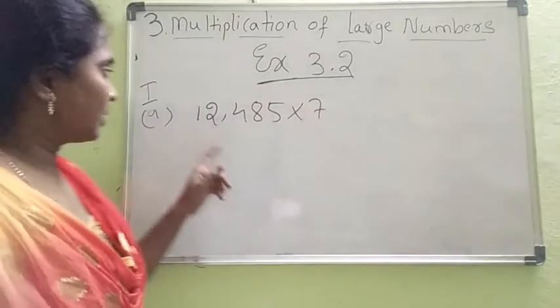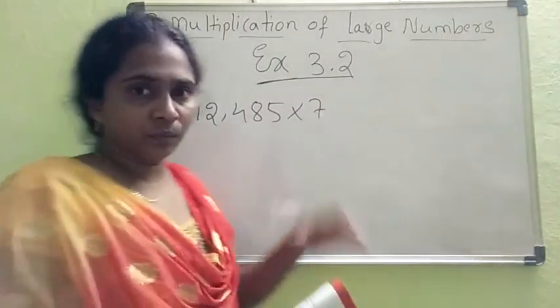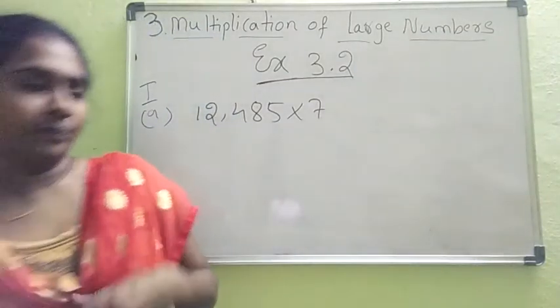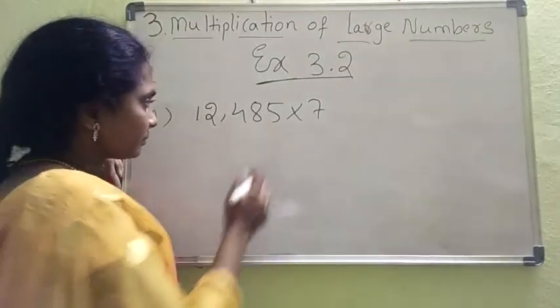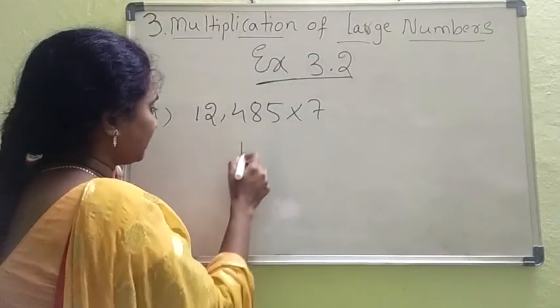This is the multiplication of a 5-digit number into a 1-digit number. What is the symbol? This is multiplication, right?